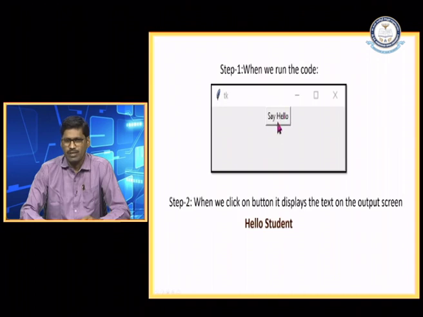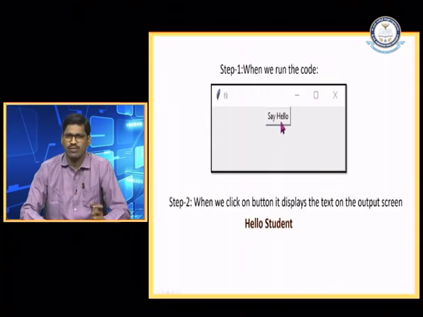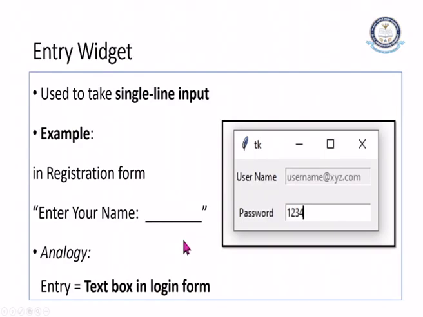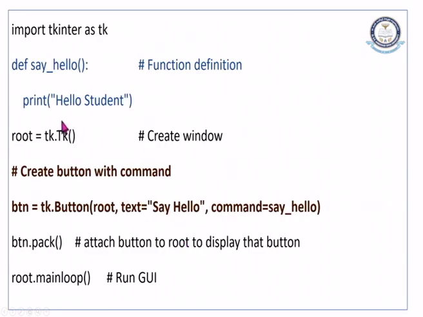We created one button. Observe here, a button is created and the text displayed on the button is say hello, because we have given the value for the text as say hello. That is why the say hello text is displayed on the created button. Just click on that button. When you click on that button, you will get the output hello student, because we have written hello student in the function.